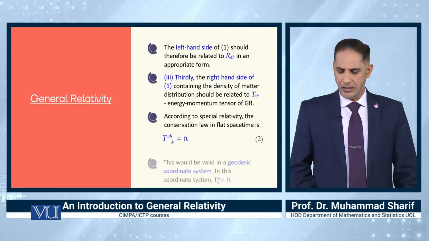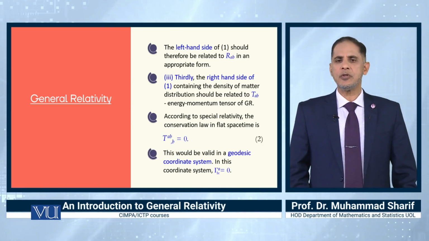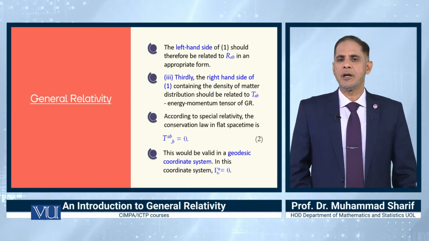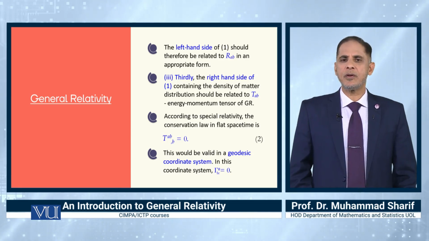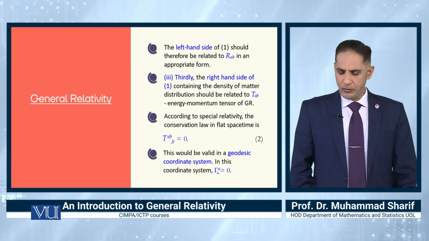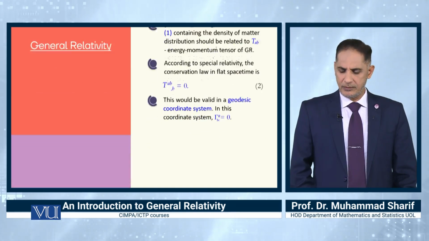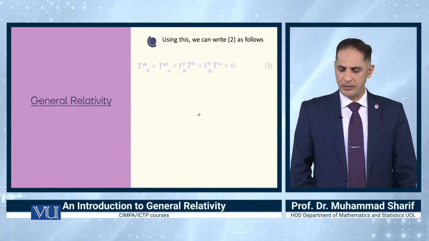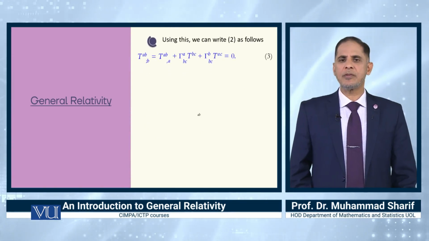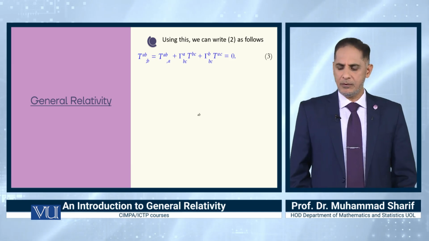So, now we know that in geodesic coordinates, the first derivative of the metric tensor is 0. So, this means the Christoffel symbol in the geodesic coordinates is 0. So, if we use this coordinate system, then we can write the conservation equation in the following form. Here obviously semicolon means covariant derivative.